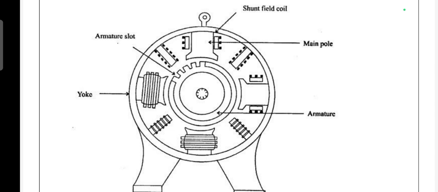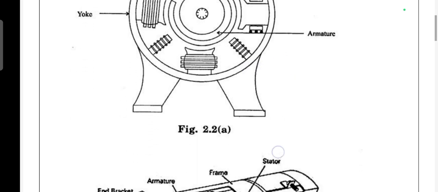The armature slot is responsible for the even distribution of the magnetic field throughout the entire coil, and the yoke is the outermost cover of the DC generator. The shunt field coils are responsible for the flux creation, and the main poles work in correlation with the armature slot. This is the DC generator.